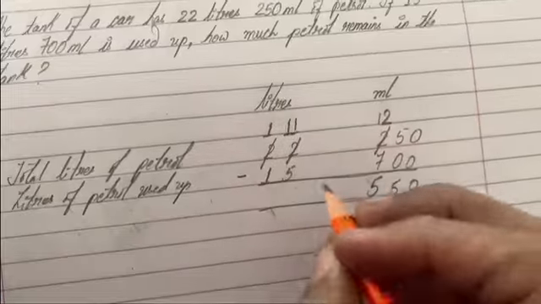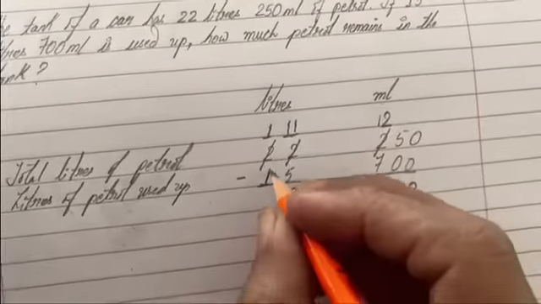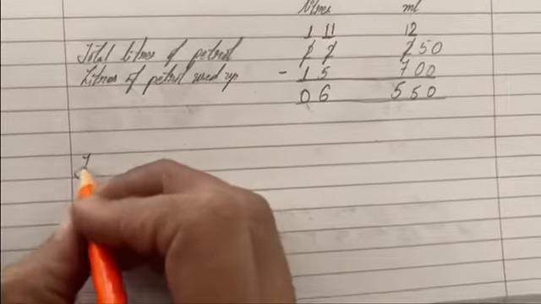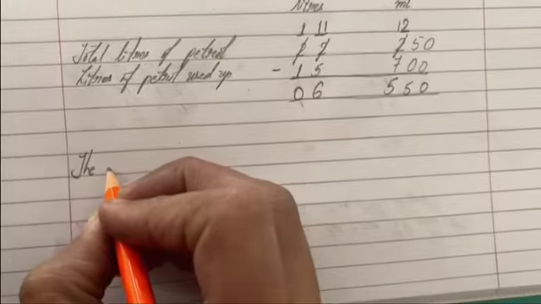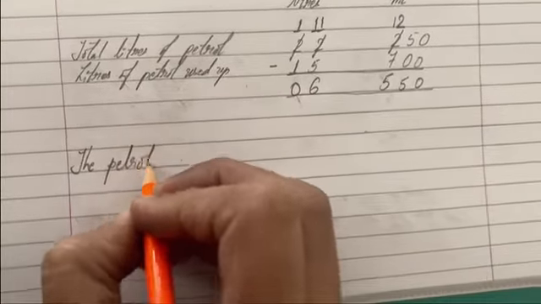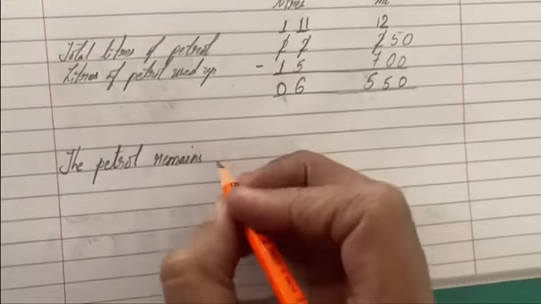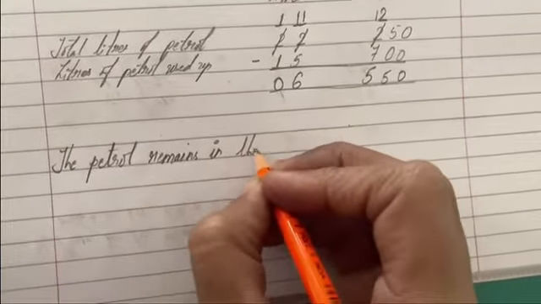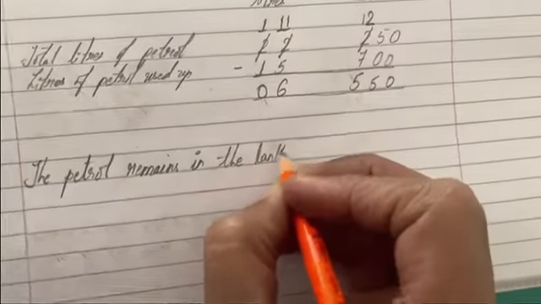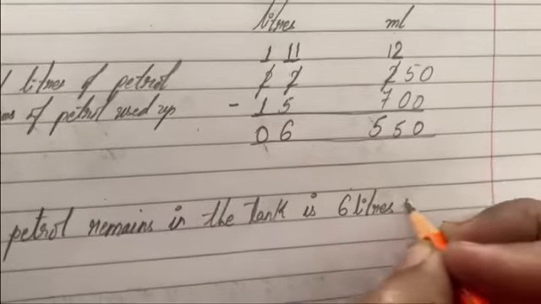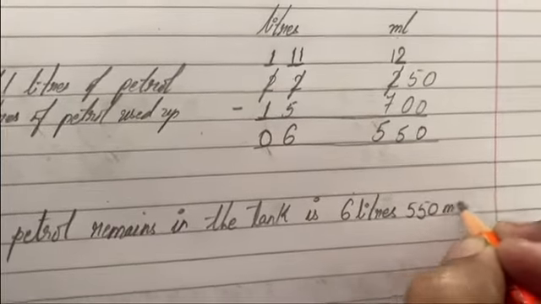So 11 minus 5 is 6, 1 minus 1 is 0. So the petrol remains in the tank is 6 liters 550 ml.